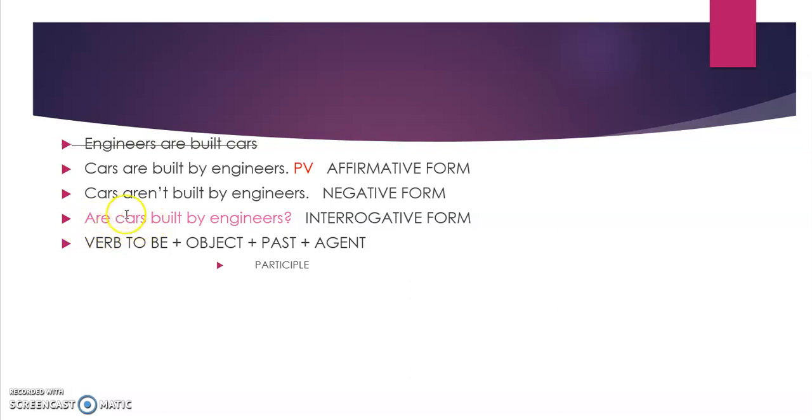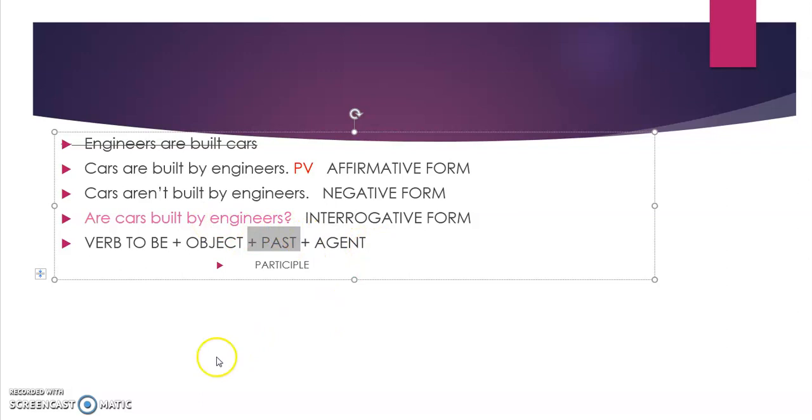So when the object is plural, we use are. Then the past participle, by engineers, the agent. You have here the structure. Verb to be, object, plus past participle, and the agent is here. Okay.